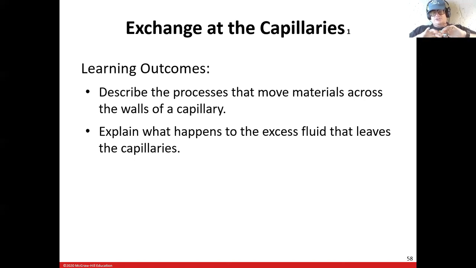So when the fluid, which is mostly water, leaves at the heart end of the capillary, that's pushed out by the hydrostatic pressure, as we move through the capillary, down the capillary, at the other end, you have much more concentrated blood because you've lost all the fluid.